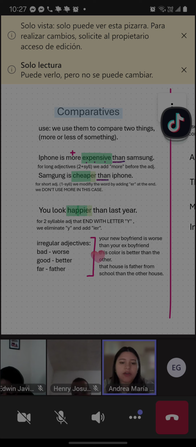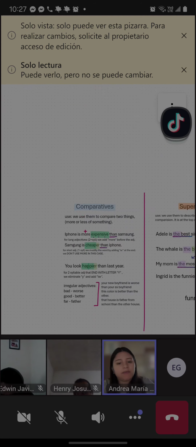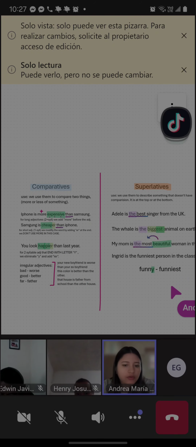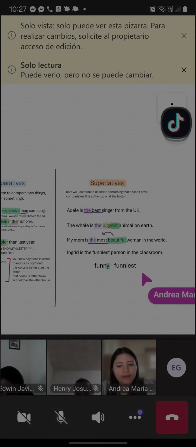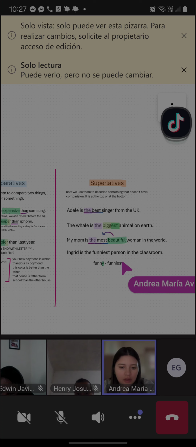So now, guys, you tell me, how many syllables does funny have? Two syllables. So for two syllable adjectives that end with letter Y, only for the ones that end with letter Y, we are going to eliminate Y and add IEST. So it is the same that we do with comparatives, but instead of adding IER, we add IEST. Okay?